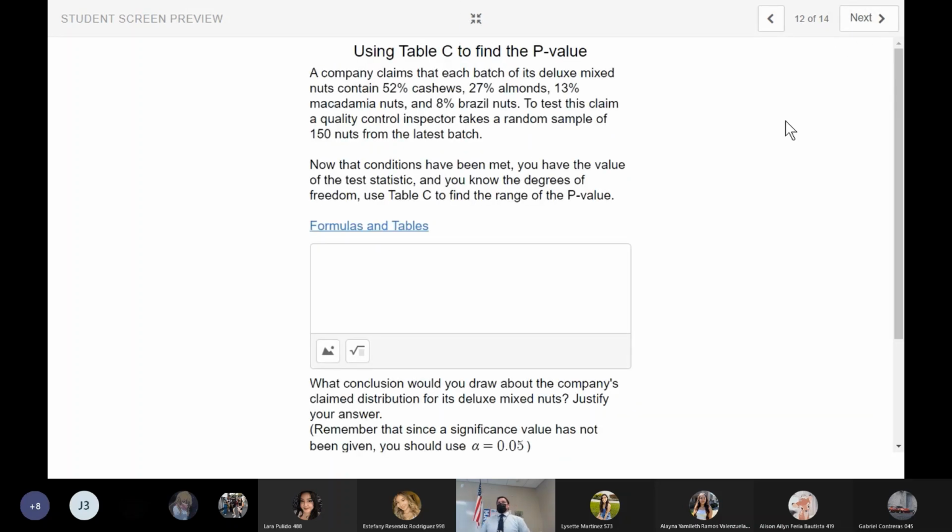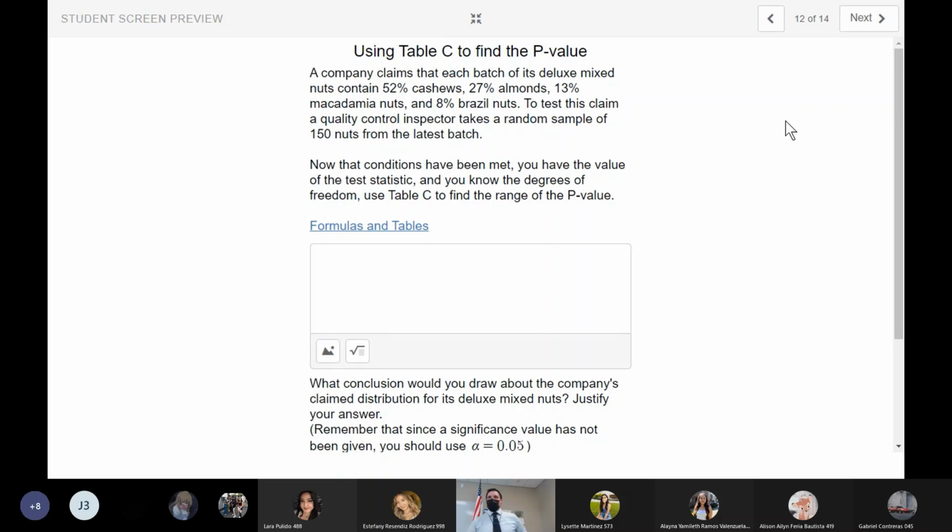All right, so same exact content again. Now that conditions have been met, you have the value of the test statistic, and you know the degrees of freedom. We need to use table C to find the range of the p-value. So please type that p-value range in the box below.